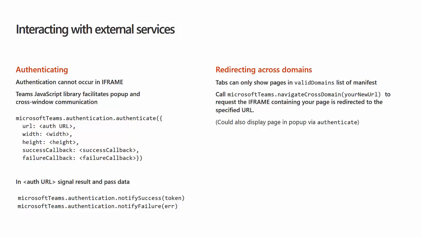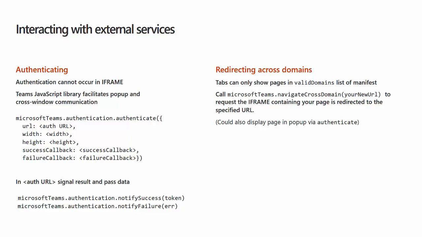You see here we have this authenticate method in which we can tell the Teams application to go to a certain URL to facilitate the authentication flow, and I can specify height and width. And then, of course, I have the success and failure options to say, did it work or did it not work?